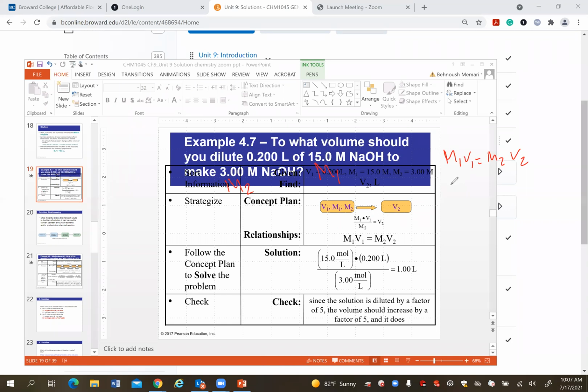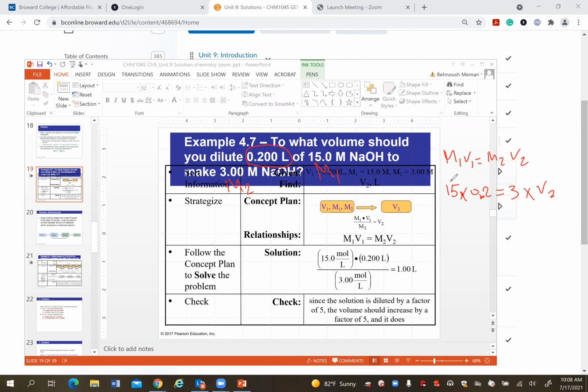So my M1 is 15, times the volume, which is 0.2 liter, because it's saying it's 0.2 liter of the 15 molar. So 15 times 0.2 equals M2, which is 3, times V2.